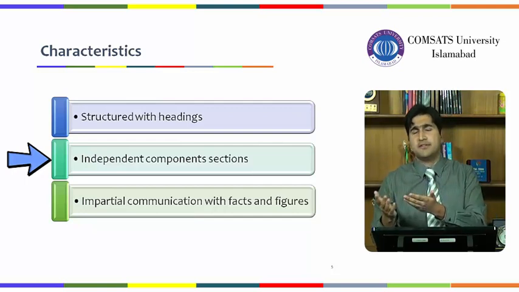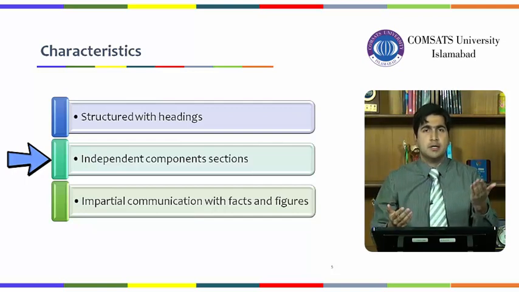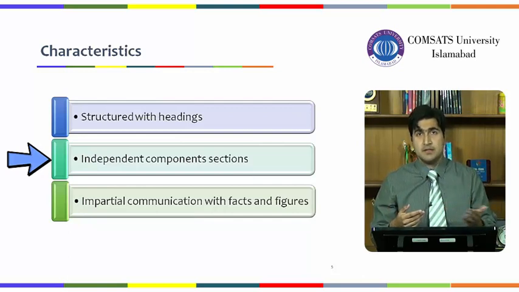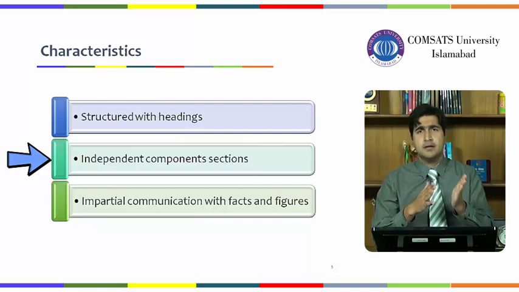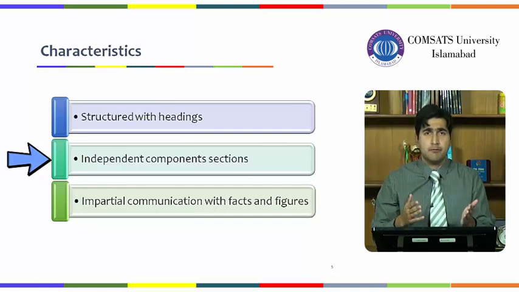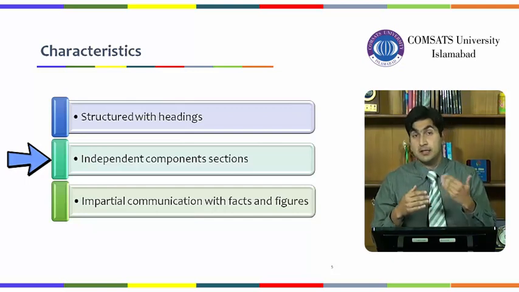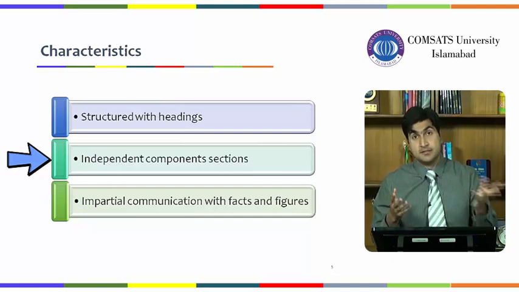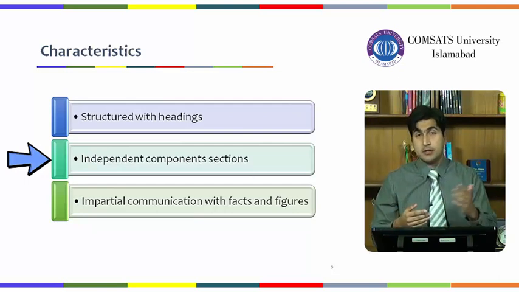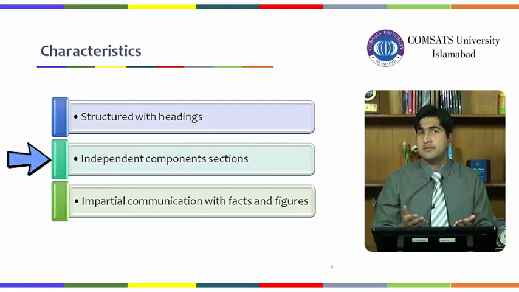If I refer to the basic structure of a report, it begins with the title page, then of course you have the executive summary, table of contents, then introduction, then the body, method, results, discussion, conclusion, recommendation.